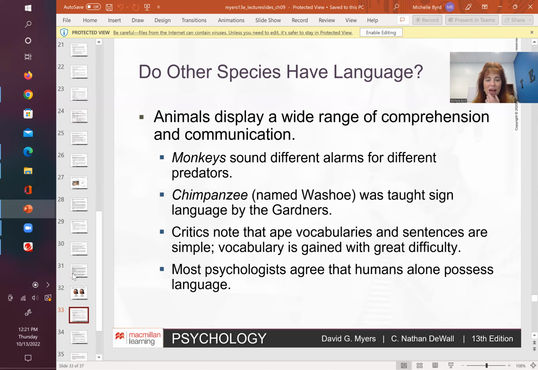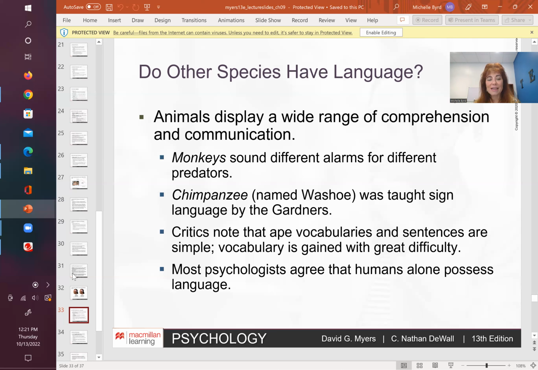Critics note that vocabulary and sentences are simple. Vocabulary is gained with great difficulty, but it is obtainable, and some are better at it than others. So most psychologists agree that humans alone possess language.